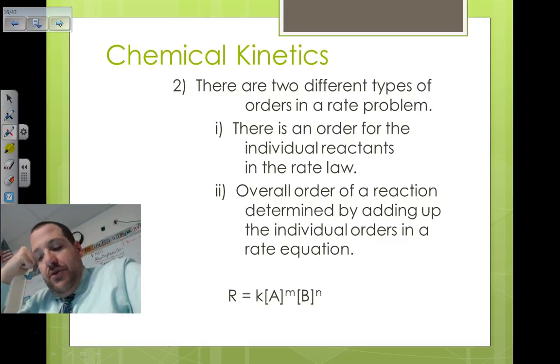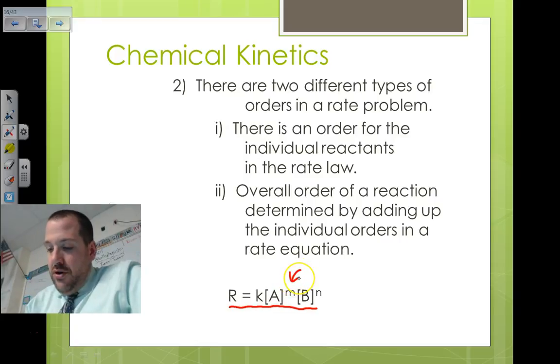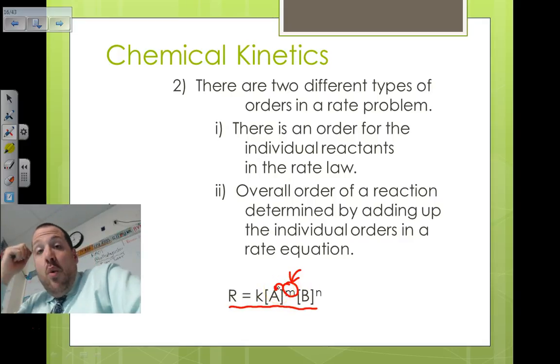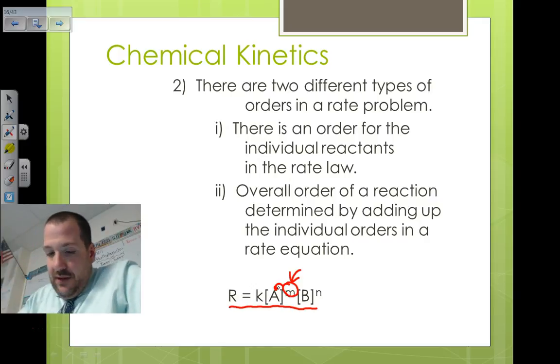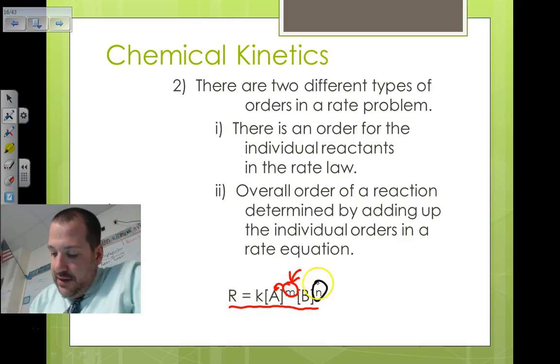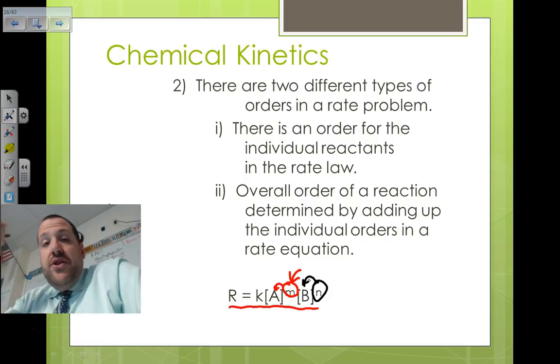Okay, and there are two different types of orders in the problem. If we look at the general rate law, there's the individual order, and that would be this power that is immediately following A, and that's the order, we would call that the order of A. And then this one, I'll put it in a different color here, the one in black is the order of B. Okay, and so those are the individual orders of the reaction.